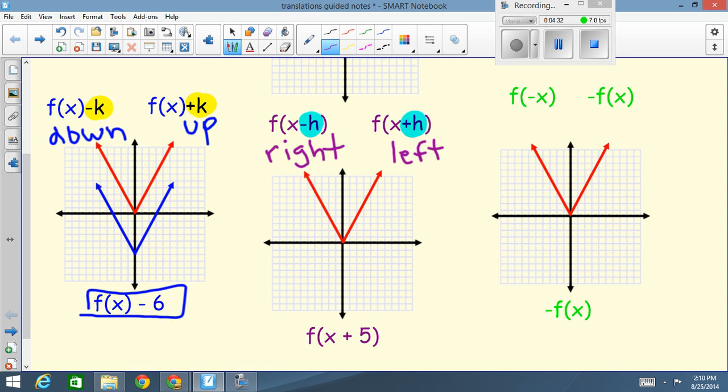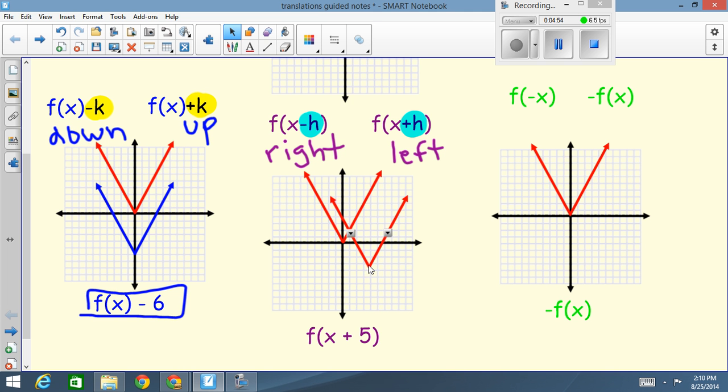So in this particular situation, we have f of x plus 5, and the plus 5 is on the inside of the parentheses. So once again, I'm just going to go ahead and clone what I have here.